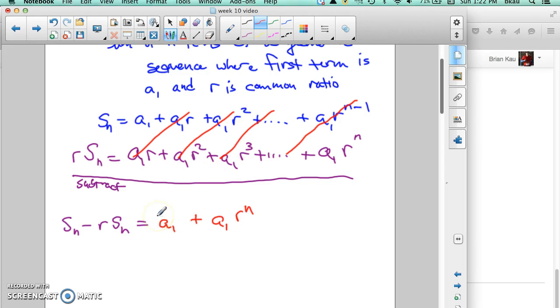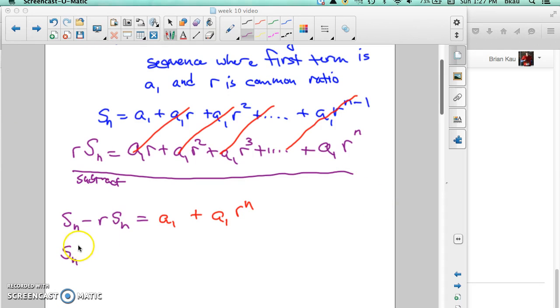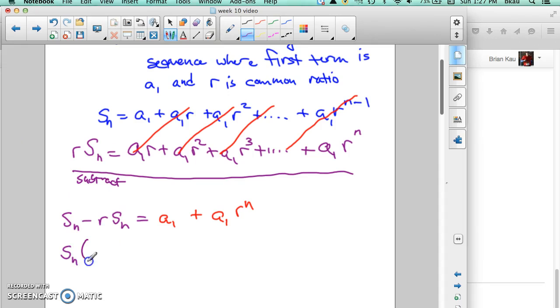So we got rid of a bunch of terms because they were the same in both sequences. This allows us to solve for the formula. Now we would want to factor on both sides. So you factor out the s sub n on this side, so it's going to be s sub n parentheses 1 minus r. And on this side you're going to factor out the a sub 1, and that's going to be 1 minus r to the nth power.